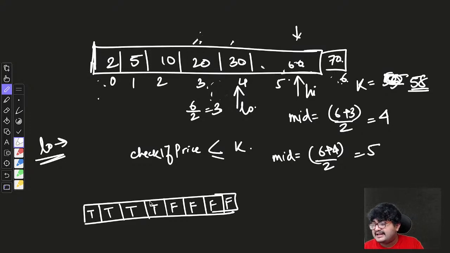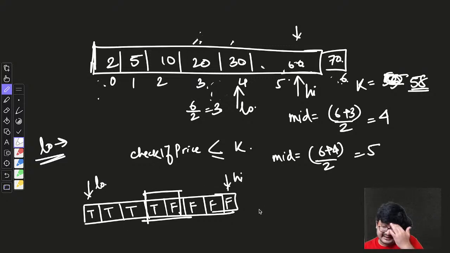So when you want the last occurrence of true or the first occurrence of false, you run the binary search in a slightly different way. You make your low always point to a true, and your high always point to a false. If mid is true, your low will point to it.